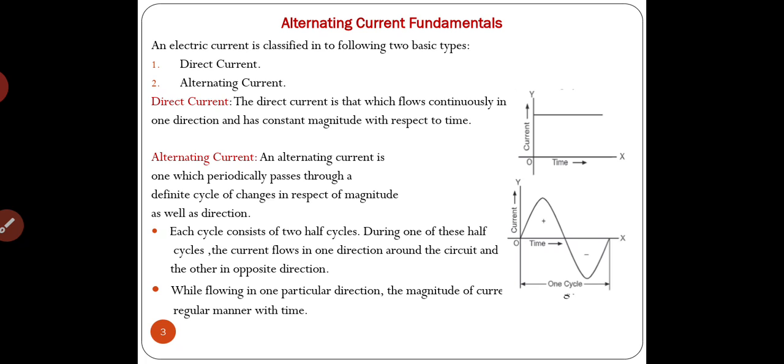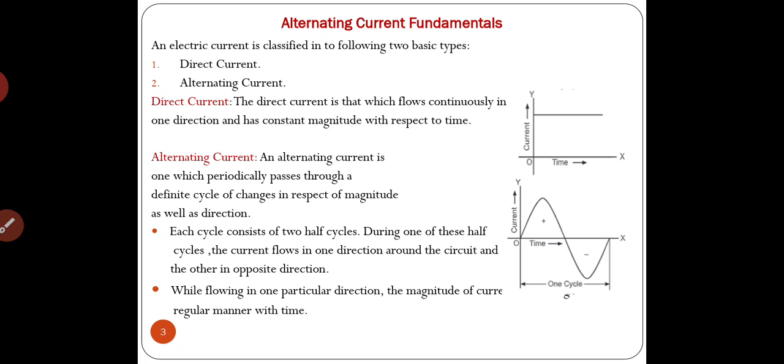Alternating current. An alternating current is one which periodically passes through a definite cycle of changes in respect of magnitude as well as direction. Alternating current is that current which changes periodically both in magnitude and also in direction.